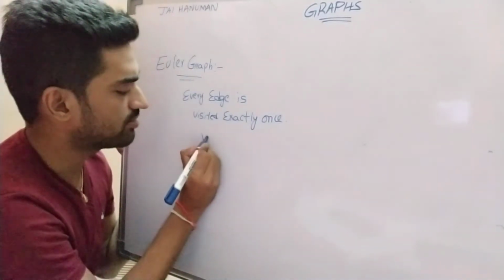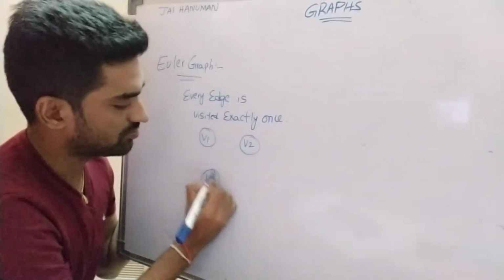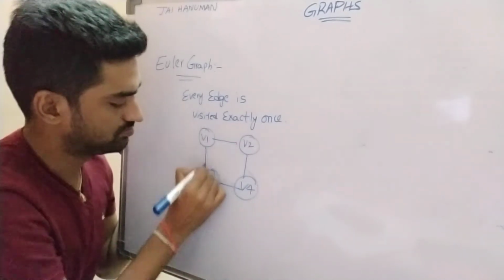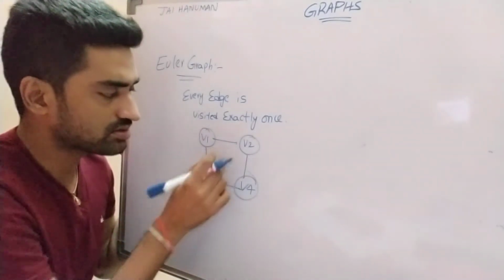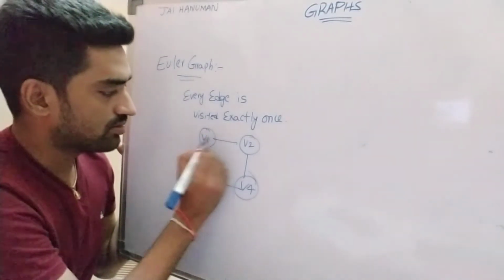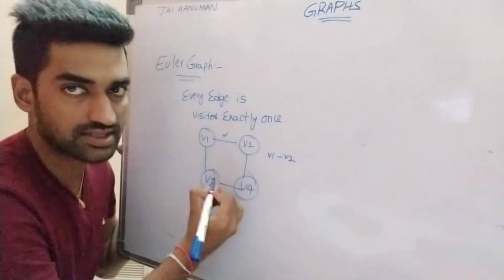Suppose I am taking V1, V2, V3, V4. So this is an Euler graph because V1 to V2, this edge is visited.